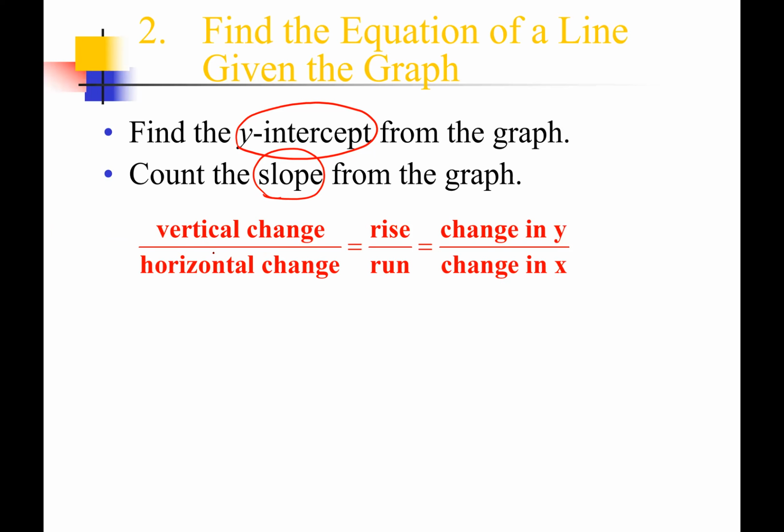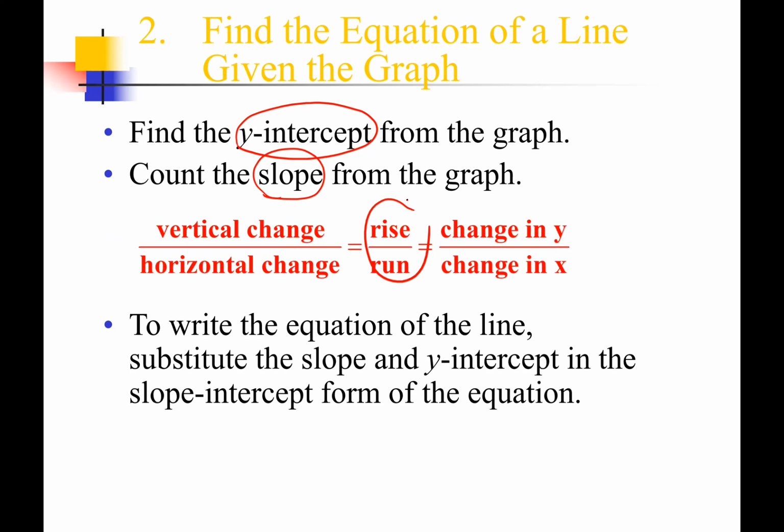Also, you can call that rise over run. Okay, changing y over changing x, right? Locate 2 points, and let's find out the vertical change between those 2 points and the horizontal change between those 2 points. Then find out the slope. And once you know the slope and the y-intercept, you have the equation of the line. Okay.